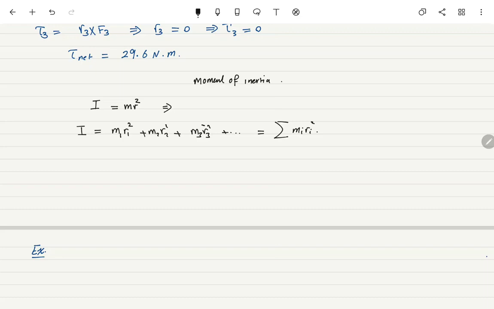Now as a generalization, the moment of inertia for a rigid object can be found as I equal to the integral of r squared dm. And remember, the moment of inertia is a scalar quantity.